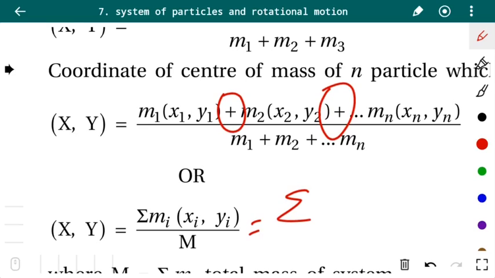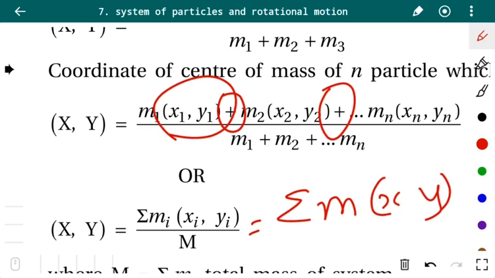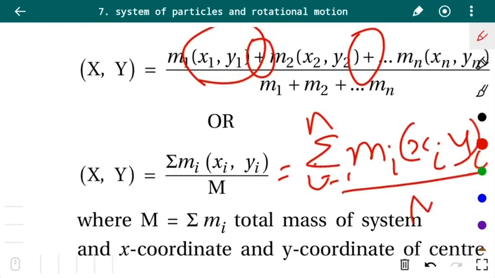So mi into (xi, yi), and we take the particles from i equals 1 to n, upon the total mass. So this is how you can write the general equation. Instead of capital M, that is the total mass of a system of n particles, we can also write it as summation mi. So students, you may note down this theory.